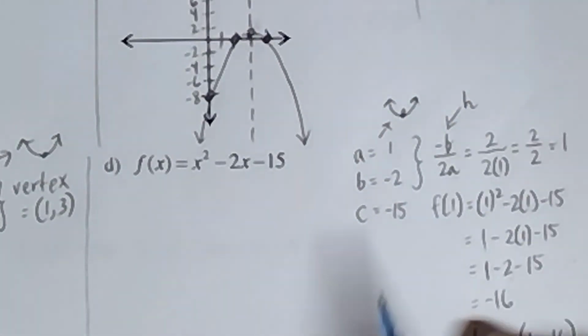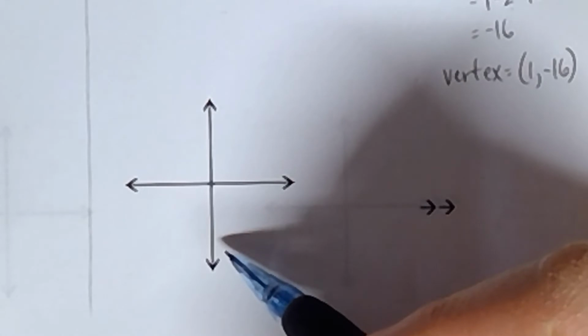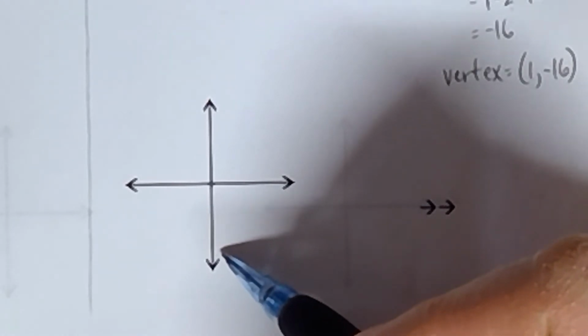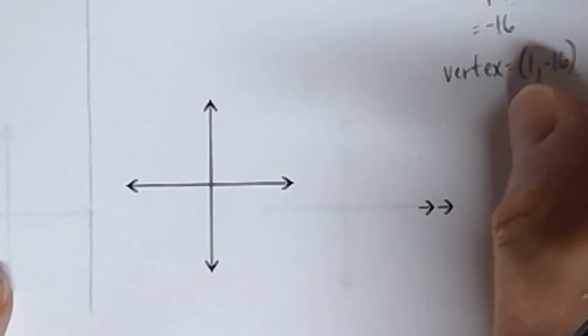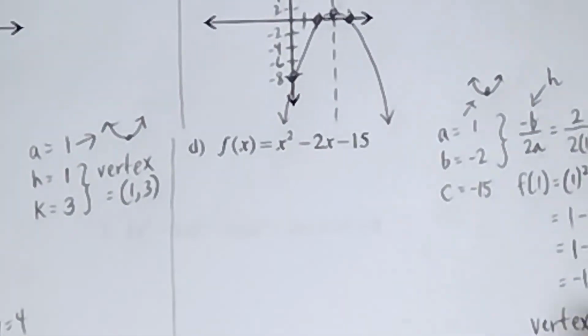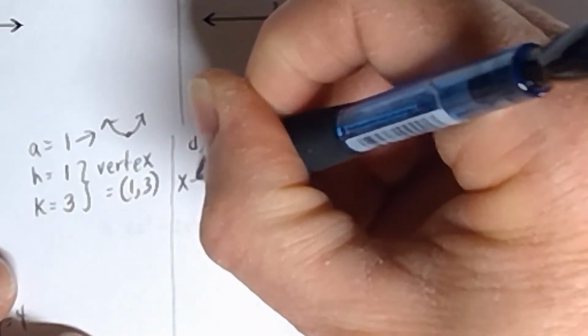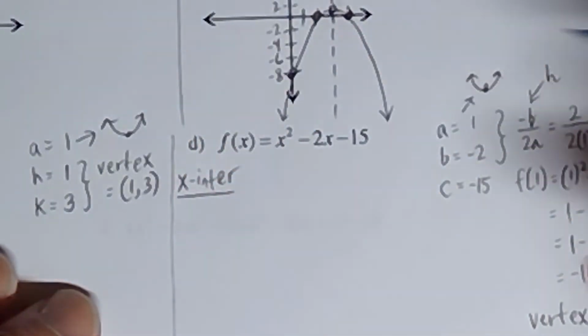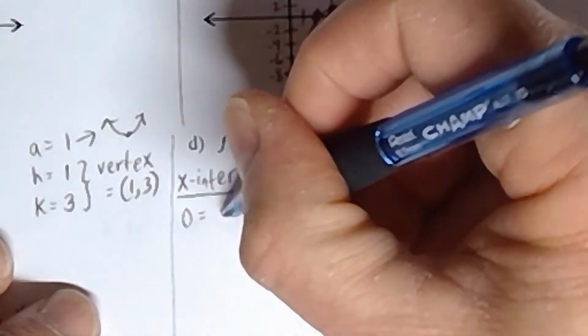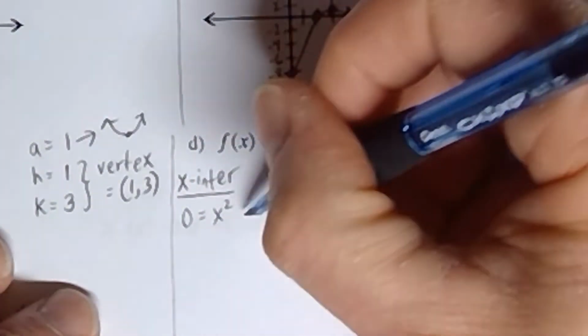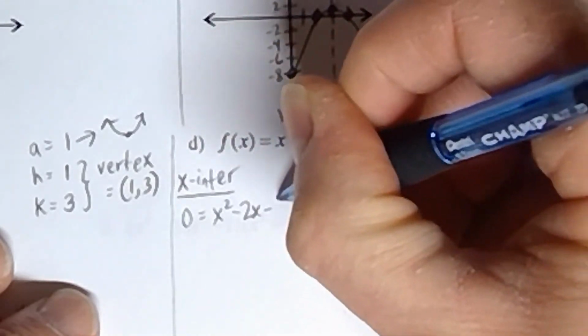Because it starts out below the x-axis because the y is negative, but then it's going to go up towards it. So unfortunately, we are going to have to find the x-intercepts. We got to do a little extra work compared to the last problem, but we'll get through it here. So the f of x changes to 0 when you do the x-intercept, like we talked about before.